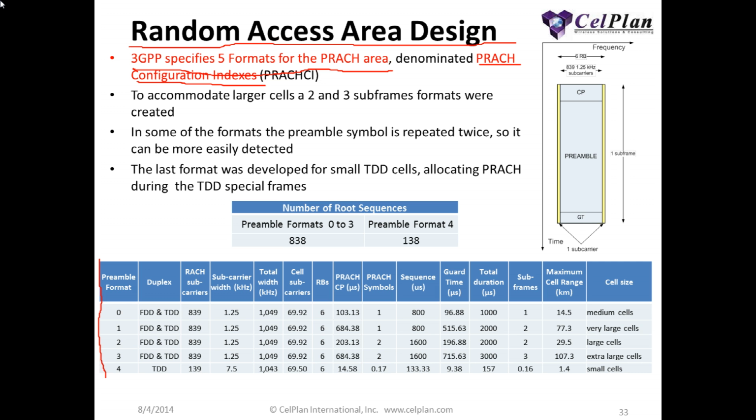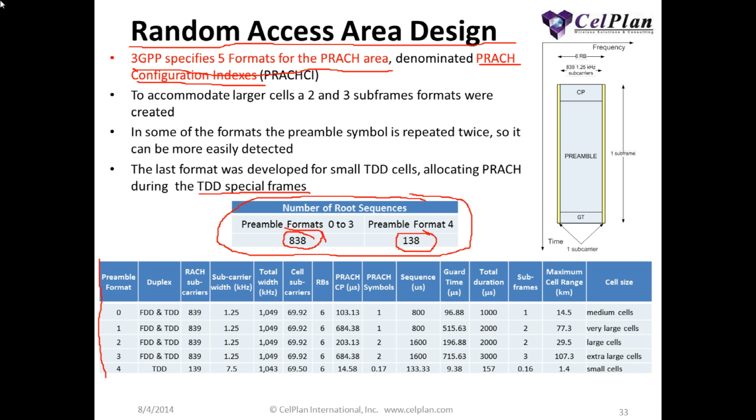Just to remind you, the number of root sequences is 838. For TDD, there is a special format, format 4, that has only 138 sequences, because for TDD, the PRACH area can be sent on the TDD special frames that are shorter.